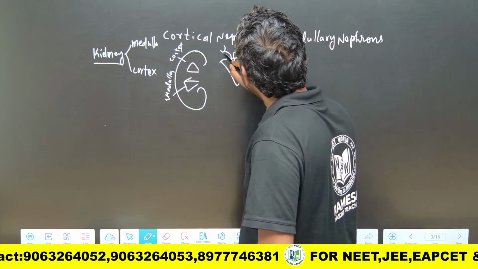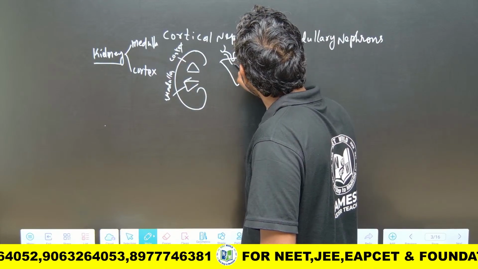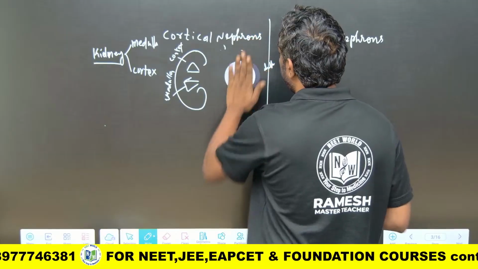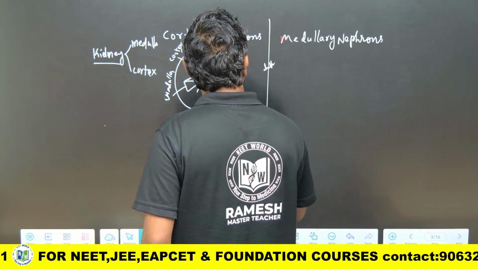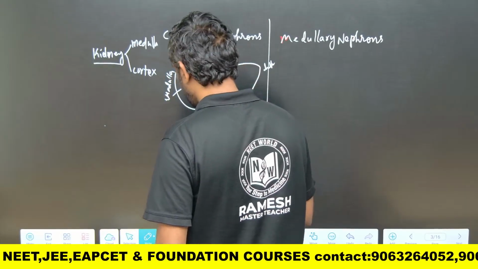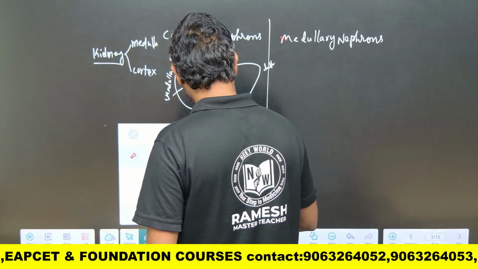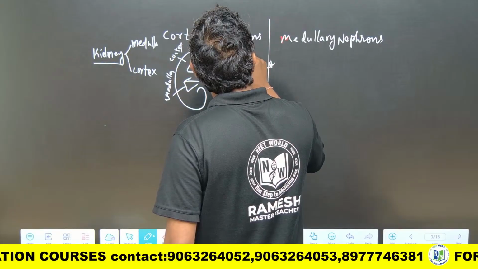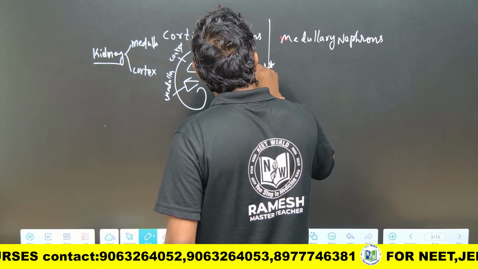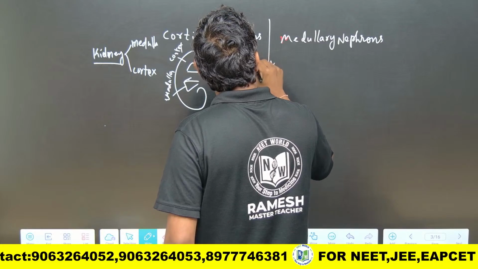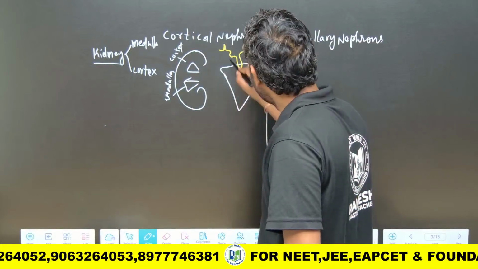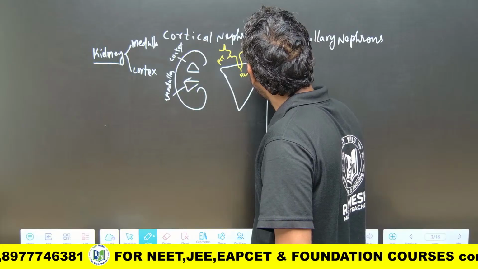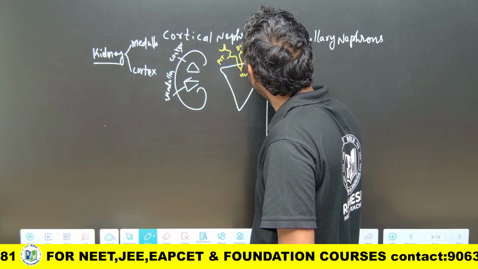If the Henle's loop is reduced, the vasa recta, which is a blood vessel, is also reduced. I will give you clear information regarding this. This is the medulla. This is the nephron: PCT, Henle's loop, collecting duct, DCT.